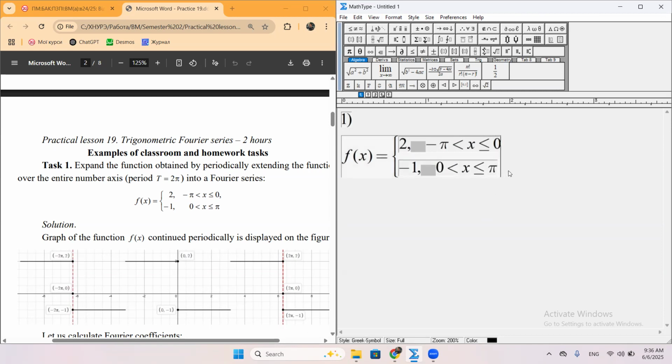So this is the expression. Then this function is continued periodically.